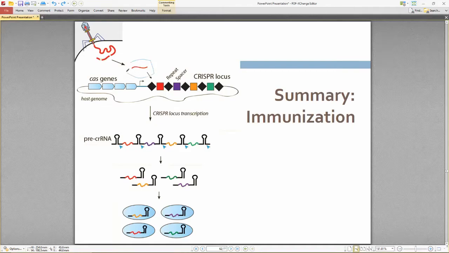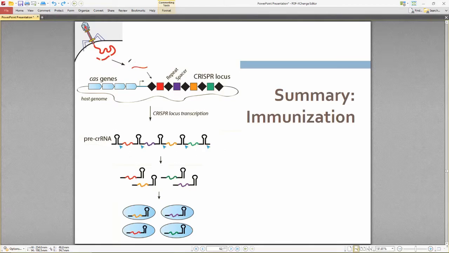It survives, and it is then able to place this viral DNA into the CRISPR locus as a spacer. And remember that each spacer has to be followed by a repeat. Next, this entire CRISPR locus is transcribed into pre-CRISPR RNA.